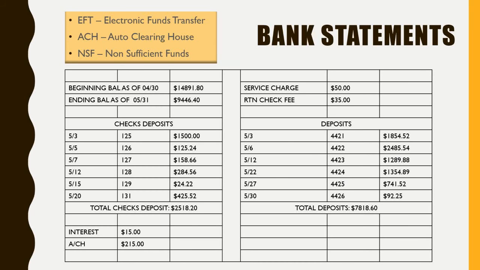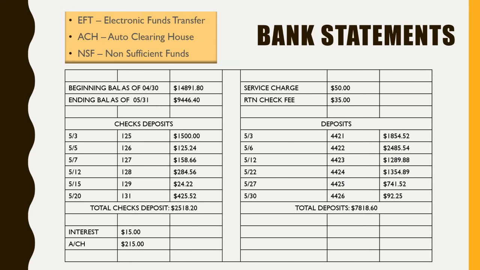Okay. Other things that you can also collect is interest, and you also can collect what's called an auto clearinghouse. Now, an auto clearinghouse is when you are dealing with EFTs, electronic funds transfers. So when it clears, you can also get money out of that too.